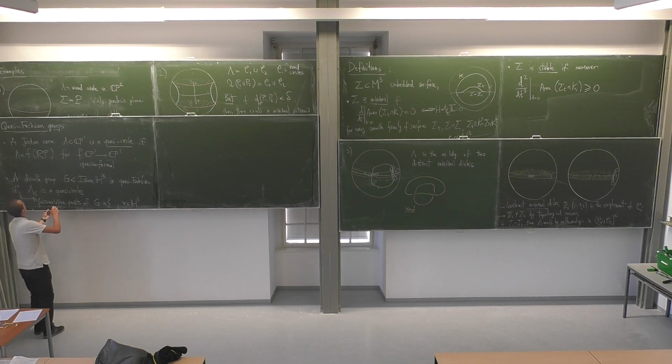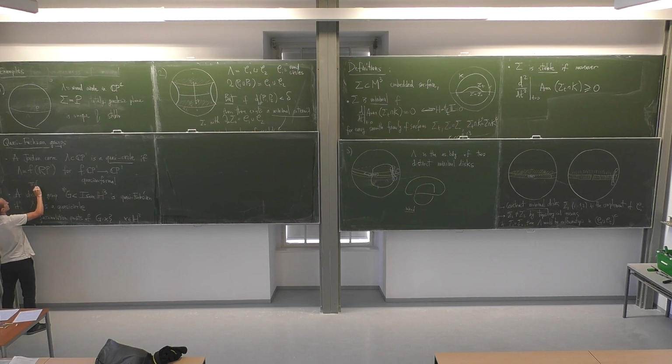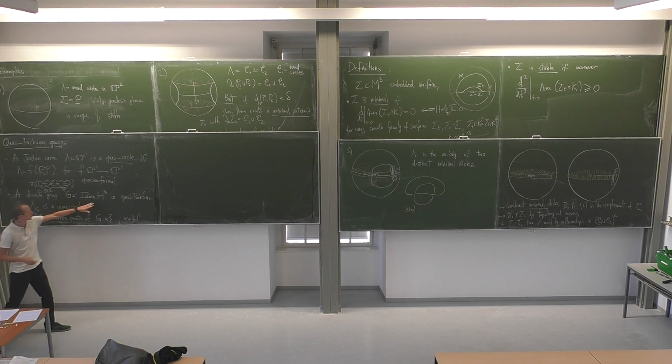Sorry, and I forgot to say, this is isomorphic to the fundamental group of a closed oriented surface of genus at least 2. So we have a surface group which is acting freely and properly discontinuously on H3, and its limit set is a quasi-circle, a particular type of Jordan curve.